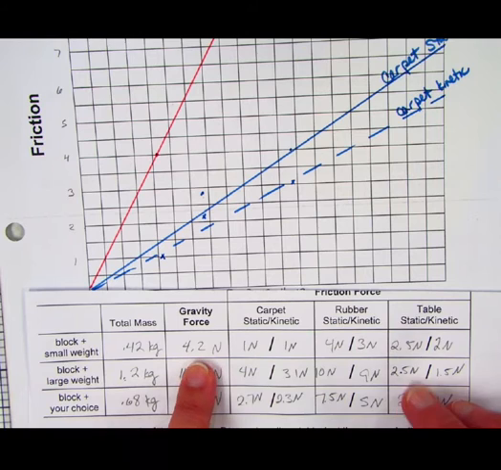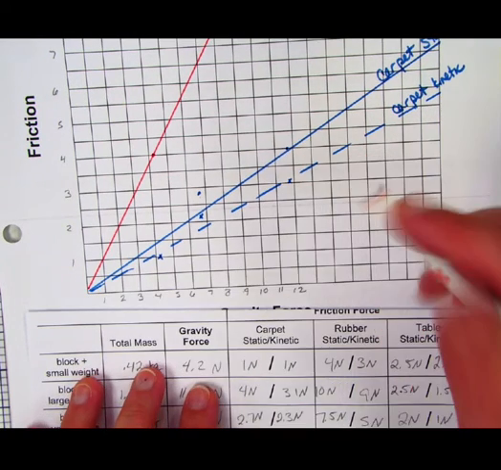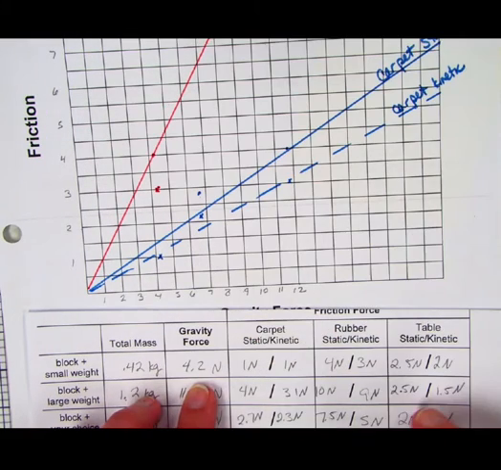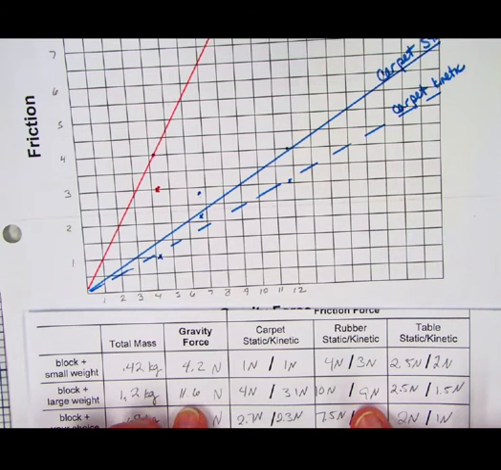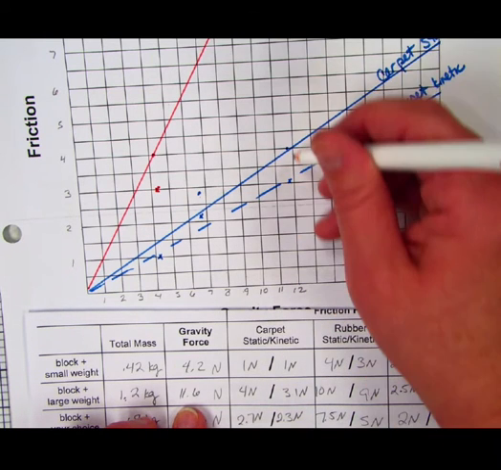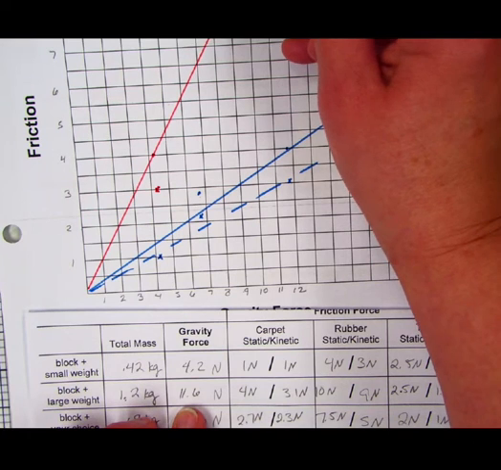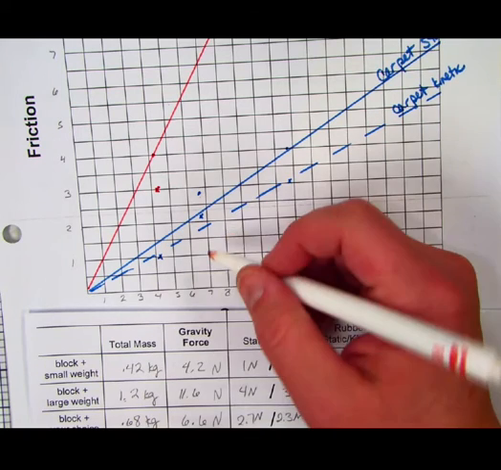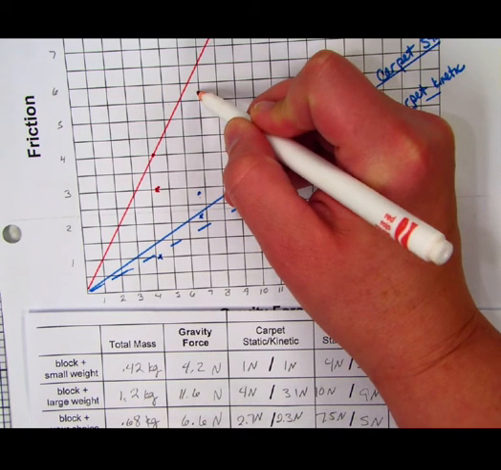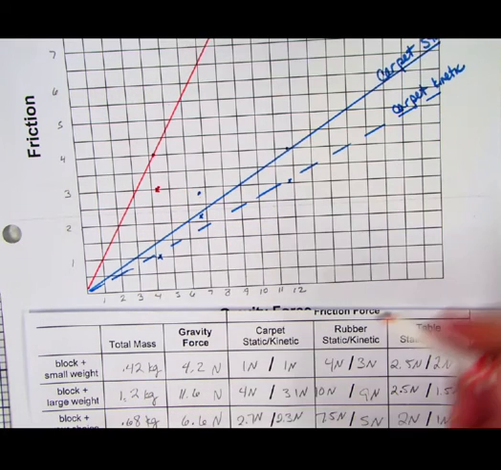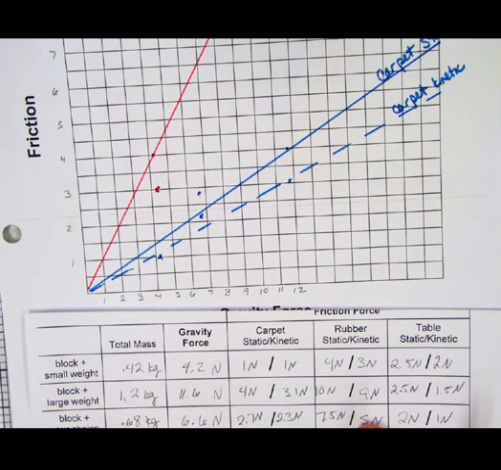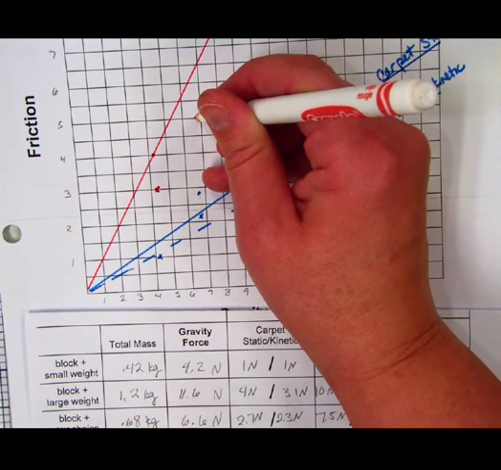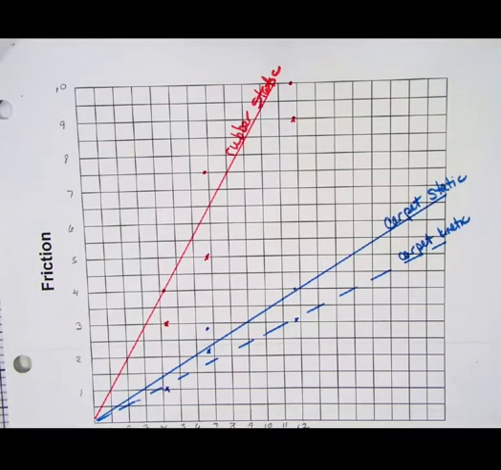I'm going to go over to 4.2, up to 3, and make an X. Over to 11.6, up to 9, make an X. Over to 6.6, up to 5, and make an X. Now I have 3 red X's.